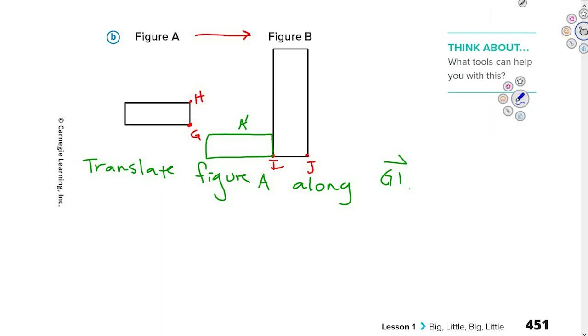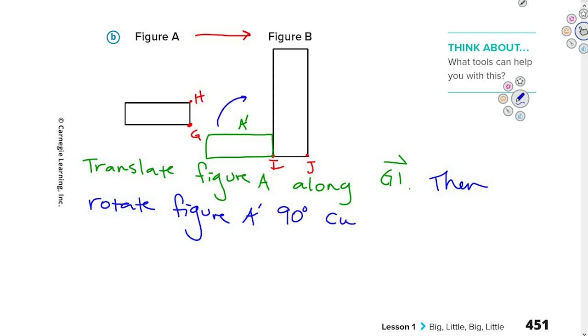Okay, so I have that. The next thing I want to do is to rotate figure A prime. So I will then rotate figure A prime 90 degrees, and I'm going clockwise. Or you could say negative 90 degrees is also correct.